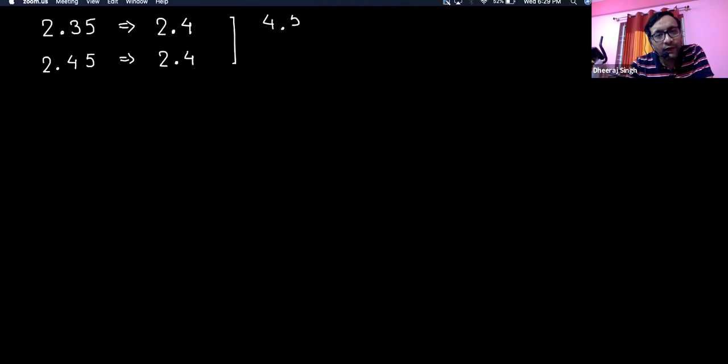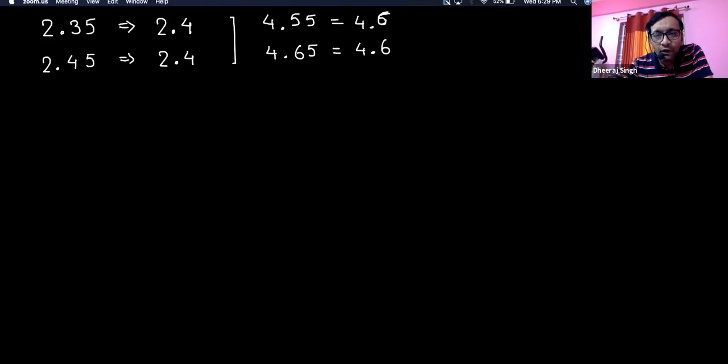I'll just give you an example rather than using words to explain. 2.35 will get rounded off to 2.4. 2.45 will also get rounded off to 2.4. Another example, 4.55 will be 4.6. 4.65 will be equal to 4.6.